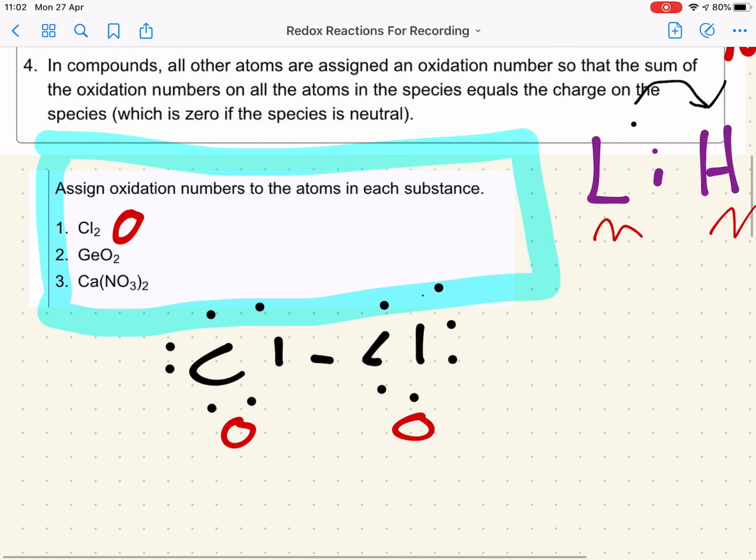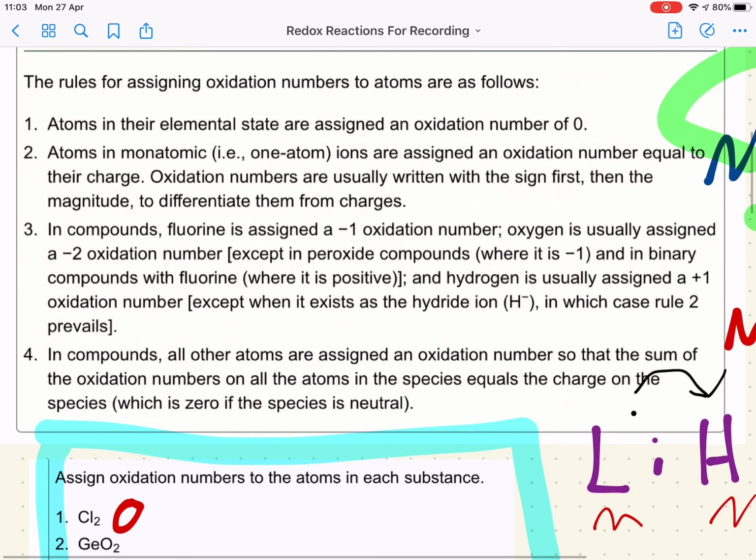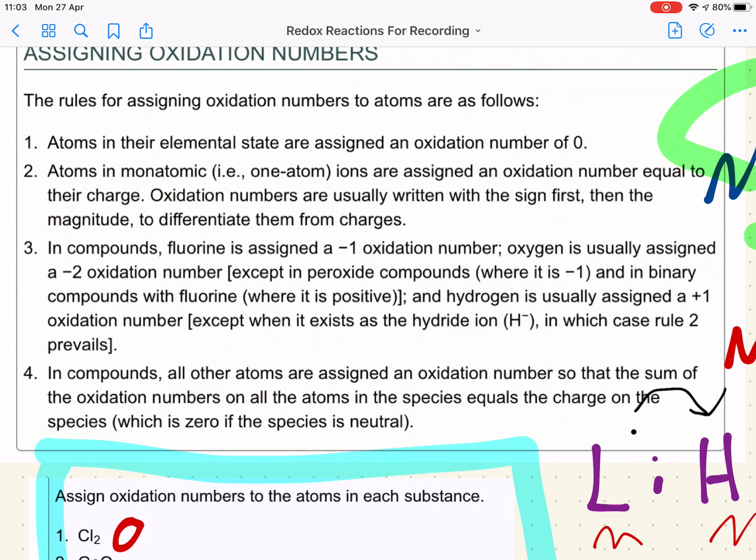All right, next one. Let's look at this GeO2. That's germanium oxide, germanium dioxide. So when looking at this one, we want to ask ourselves one question: is there anything in my compound that has a special rule written about it?